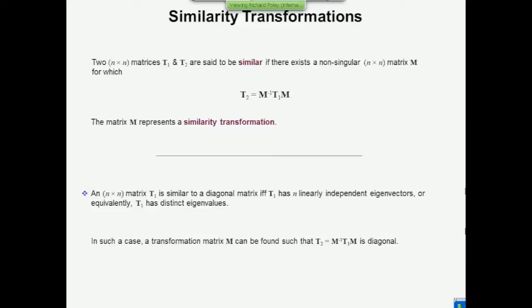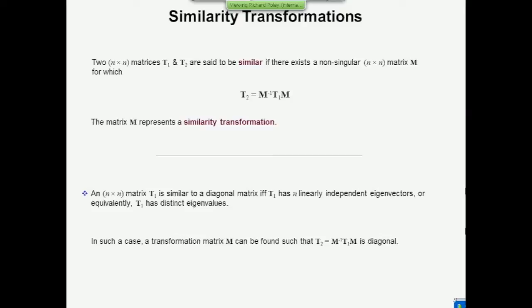If T1 has a full set of eigenvectors, the eigenvectors are by definition linearly independent. Those eigenvectors can be used as columns to form the similarity transformation matrix M. It's okay for dimensions because you know you've got n eigenvalues in T1. T1 is n by n, and you've got a full set of eigenvalues.